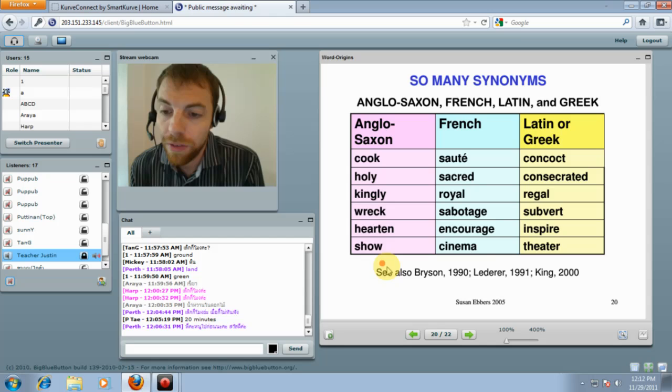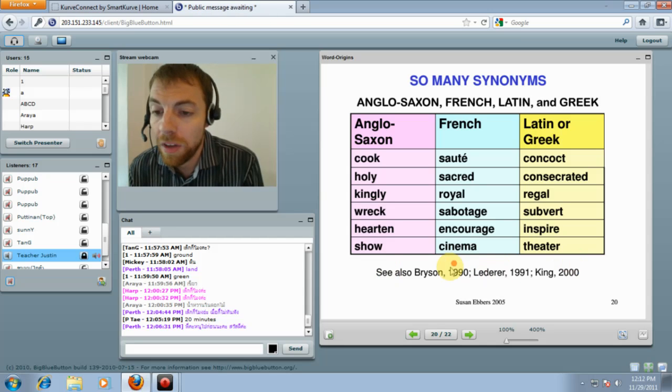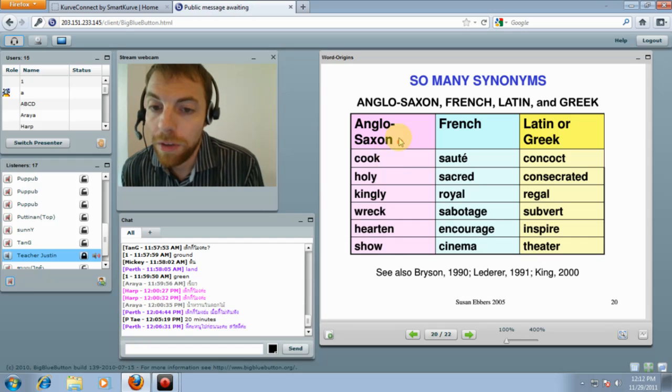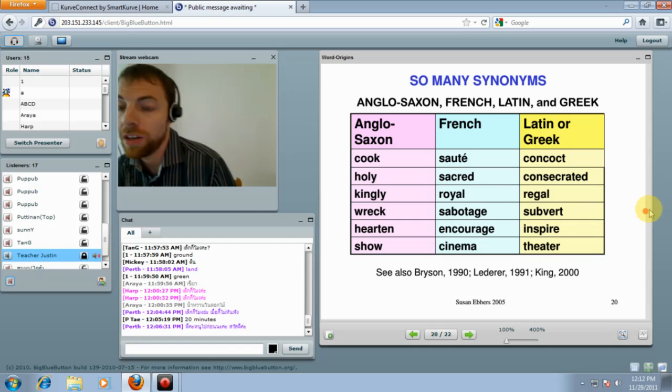And this is the same thing, same word for going to the movies or going to see a play. So these are examples of how we use all these different languages. And these are all English words right here, but they come from different places: French, Anglo-Saxon, and Greek.